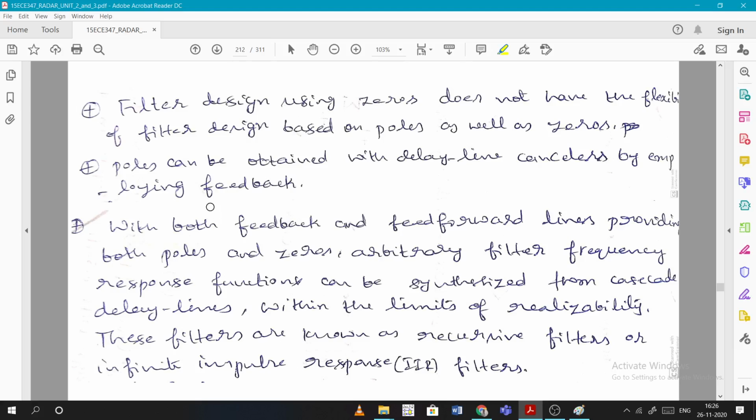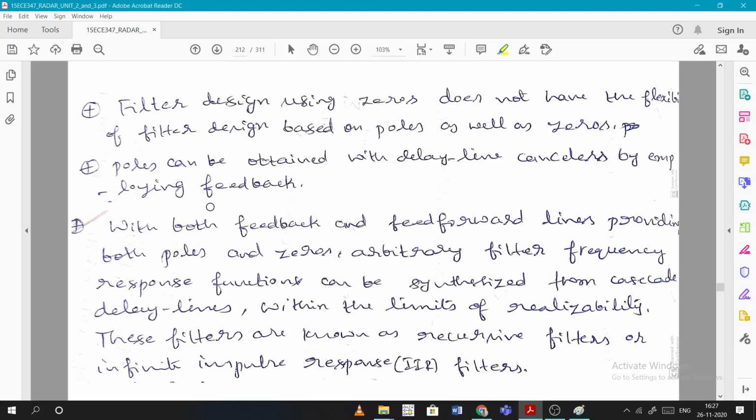Filter design using zeros: filters which use only zeros do not have the flexibility of filters designed based on poles as well as zeros.